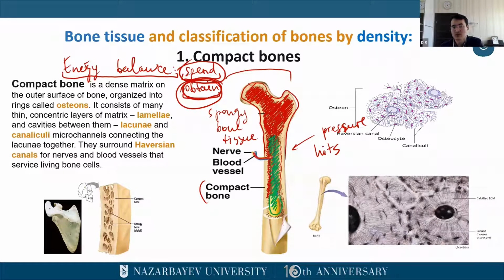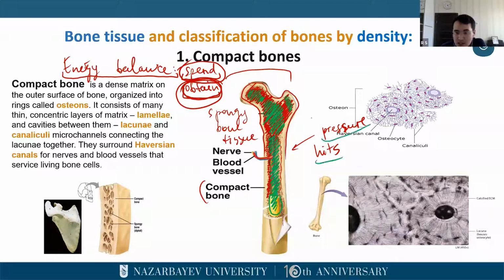that we can use for, let's say, storing energy as yellow bone marrow. Or we can use it for protecting blood production. Okay, so in this case, you produce blood from these blood progenitors that stay inside the bone. So it is protected against heats, against pressure.